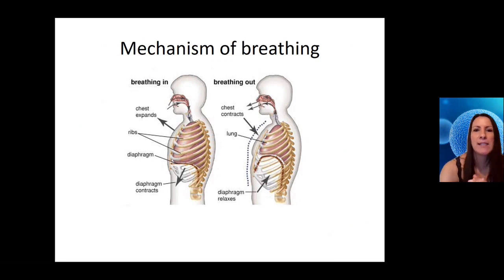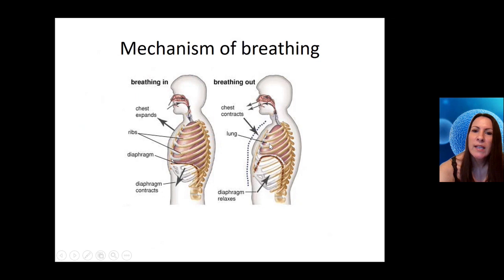So here we've got our mechanisms of breathing side by side. On the left-hand side, we've got breathing in. We breathe in air from the atmosphere, and our ribs move up and out and increase the area inside the chest cavity, but that decreases the pressure. The diaphragm, this sheet of muscle here, is never completely flat, but it moves downwards and contracts, increasing the chest cavity and decreasing the pressure.